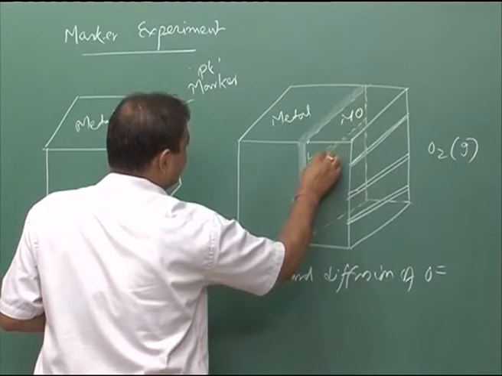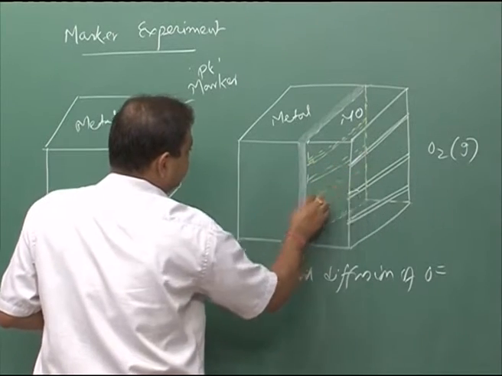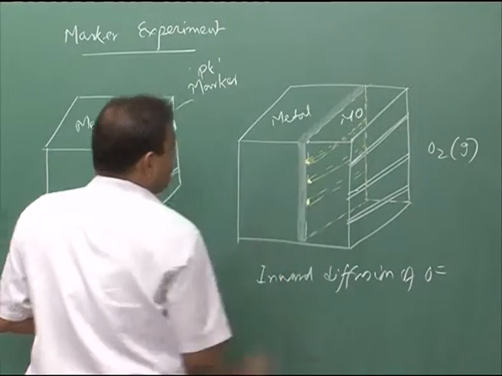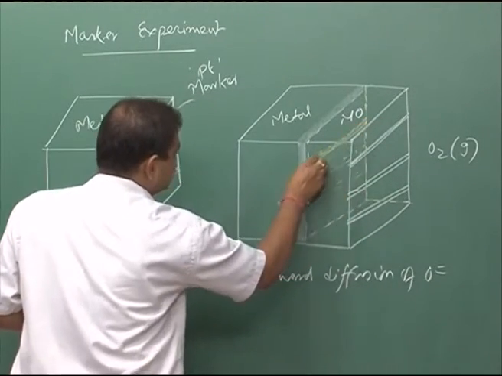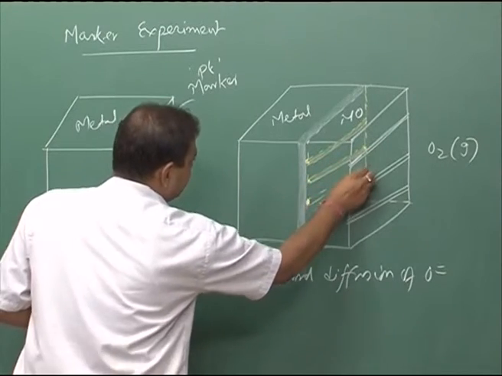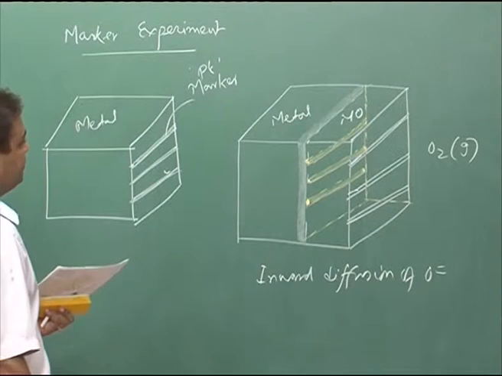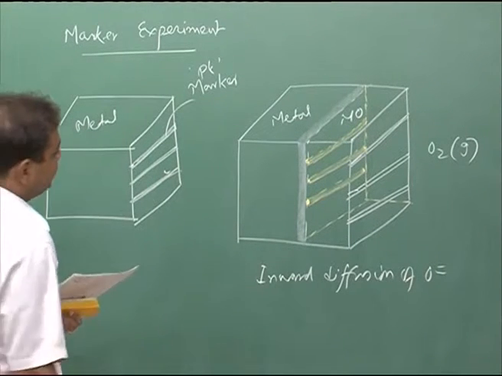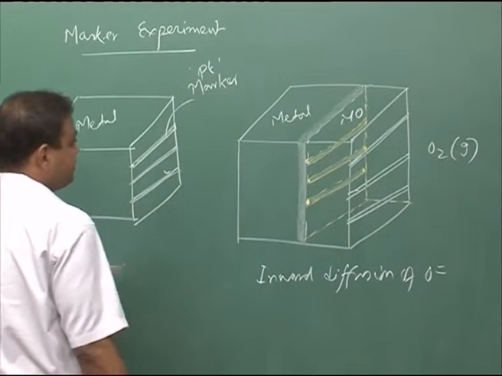This is the platinum wire position, this is another position, this is another position. So, the platinum wires are on the inside surface after oxidation, and that means they are on the surface between metal and metal oxide.